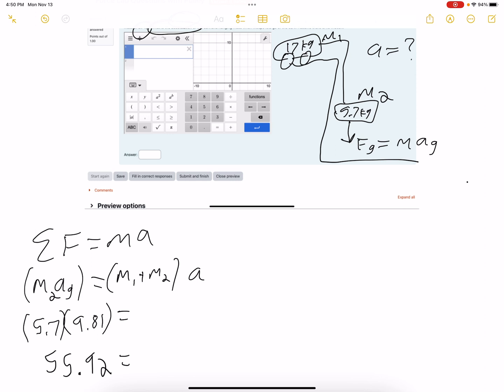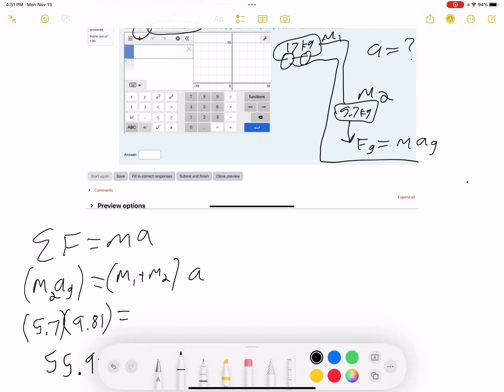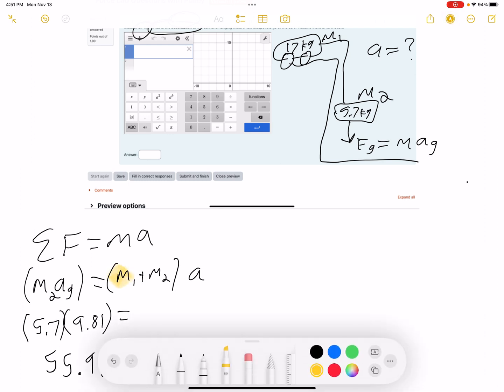That's the one that's pulling everything. That's the hanging one. But the one that's pulling everything is pulling both. It's moving both masses. So over here, I have to include both masses because that's what's being pulled, is both. So this one is the one that's applying the force, but once again, it's pulling both.